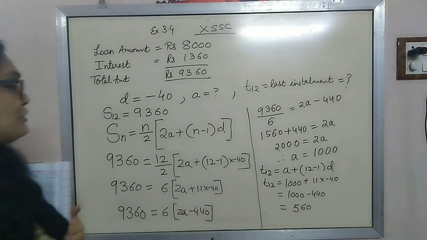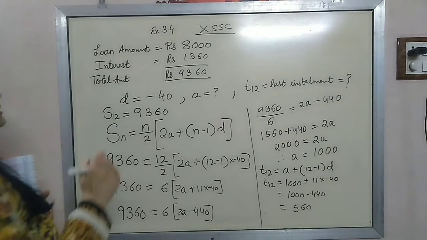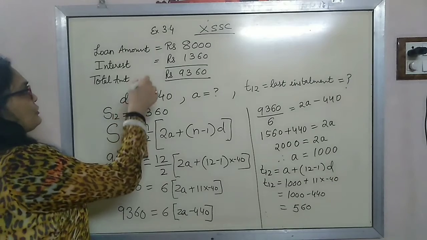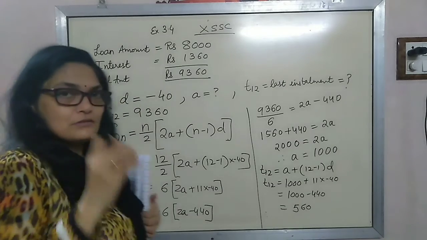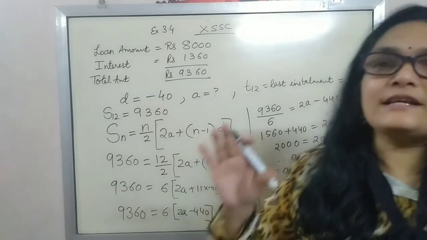Okay. Then you will write the final answer. Always remember, two statements you have to write. Here you have to write that the given sum or the given problem can be formulated as an AP.